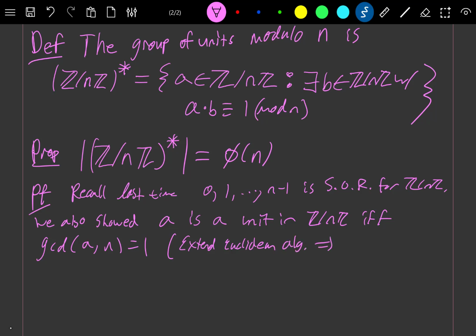And this gives us that AB + Cn = 1. So B is the multiplicative inverse of A modulo n.